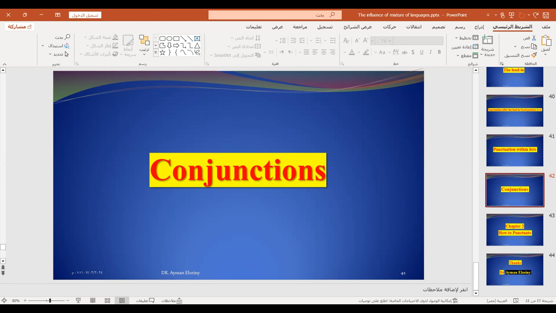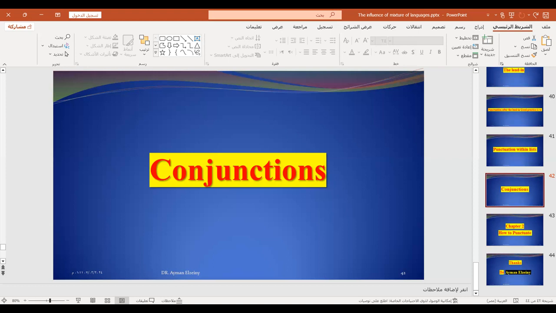Hence, the guidance below. One, comma. There are 7 common uses of comma and 5 common misuses. Again, those are 7 common uses of comma and 5 common misuses of comma.